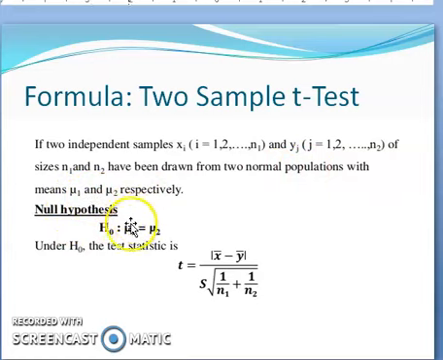Then the null hypothesis H0 is mu1 equal to mu2. Under H0, the test statistic is t equal to modulus of x bar minus y bar divided by s times the square root of 1 by n1 plus 1 by n2. So this is the formula of the two sample t-test.